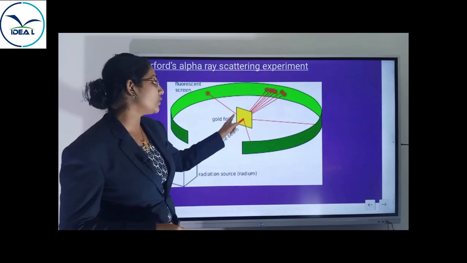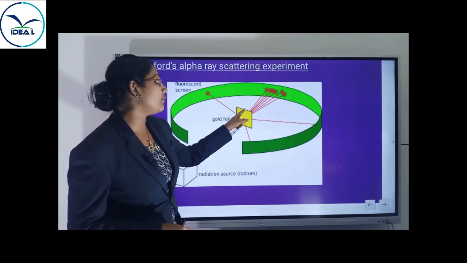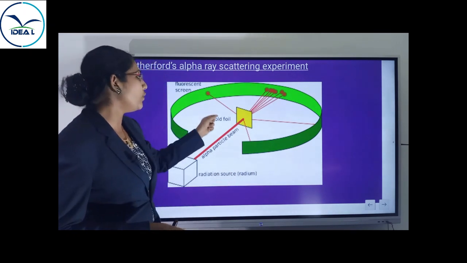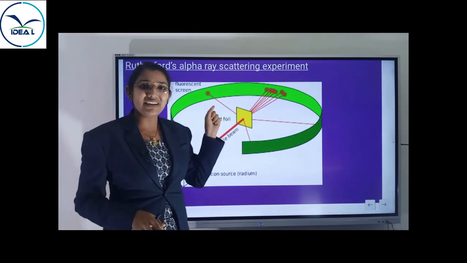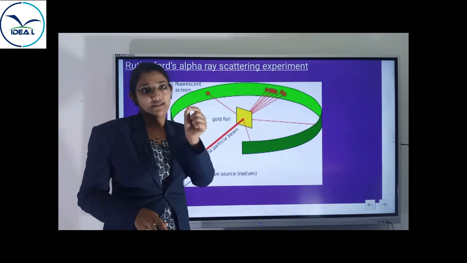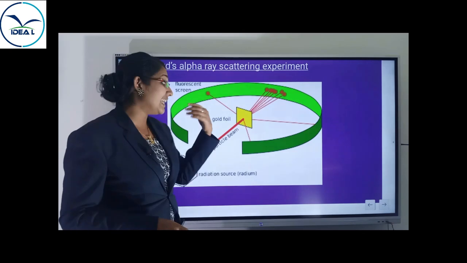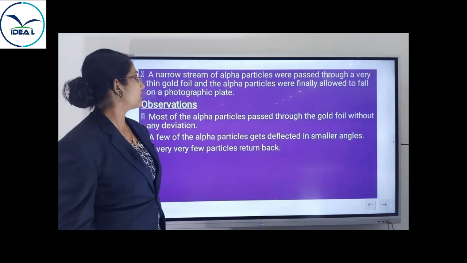Yes, it passed through the gold foil in a straight line, and a few of them underwent deviation at smaller angles, and very few of the alpha particles got deflected back.